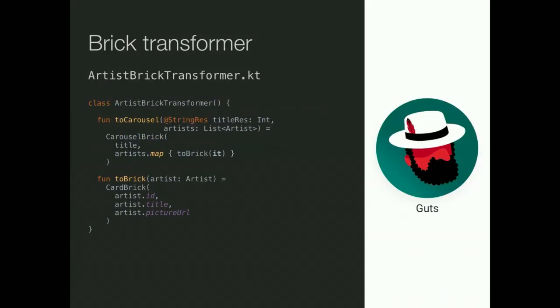And a sub-transformer will simply look like this. Here I receive a list of artists and a title, and I just create my carousel brick like this. So extremely simple, and what is nice is that since it doesn't imply any Android framework classes, it's really easy to test.